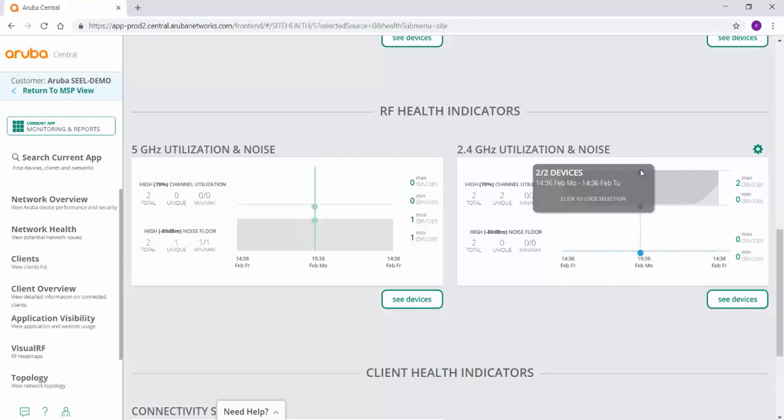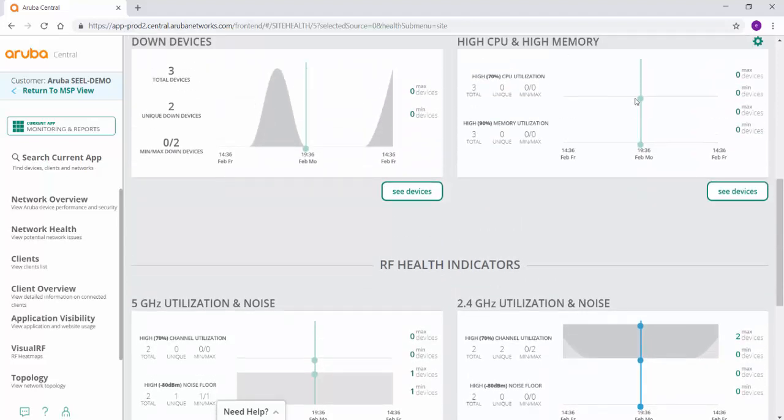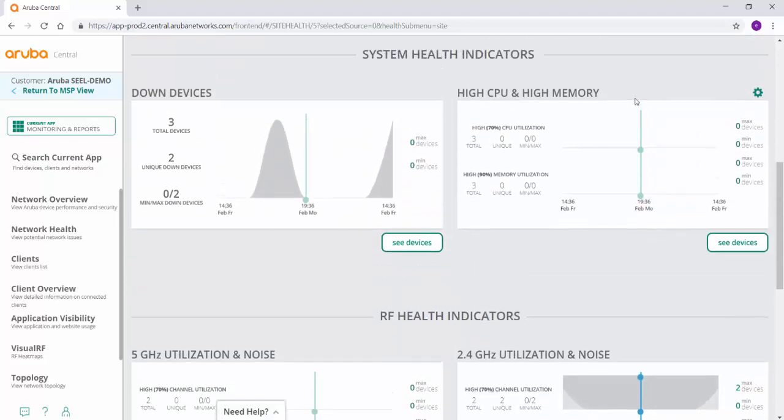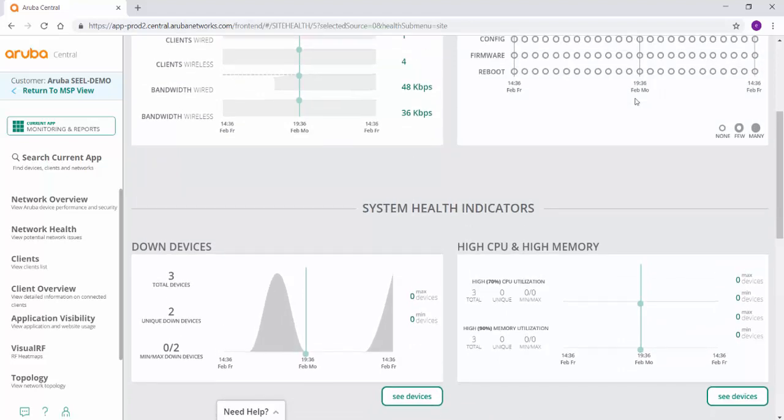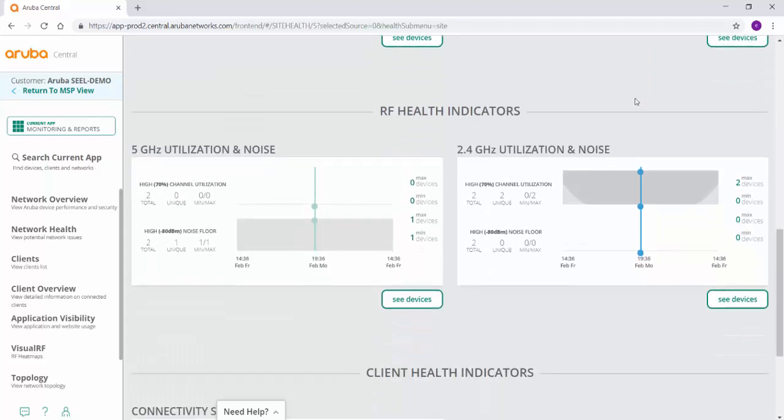So here I'm correlating what happened between Monday and Tuesday of this week on the 2.4 spectrum with the 5 spectrum, with the overall health of the hardware, and also to determine if there have been any changes to the network. So what this allows me to do is understand if there are other elements that are contributing to the problem that we're actually seeing.